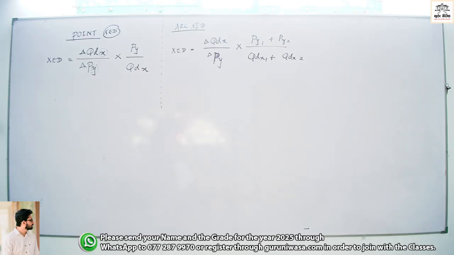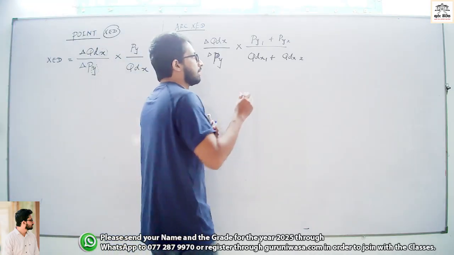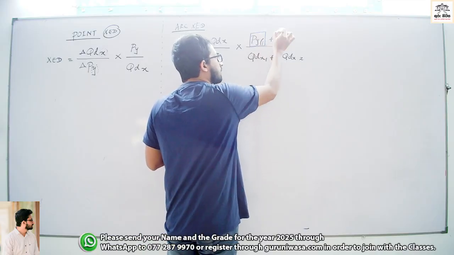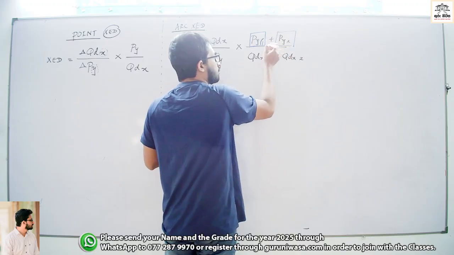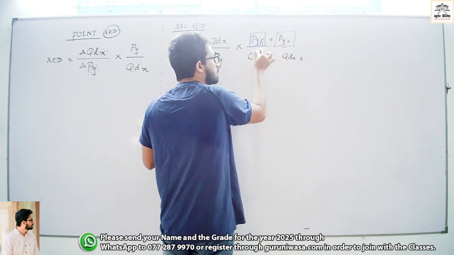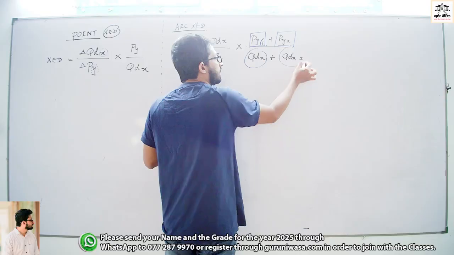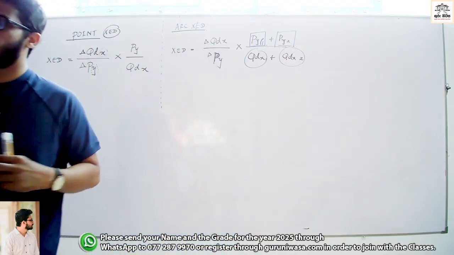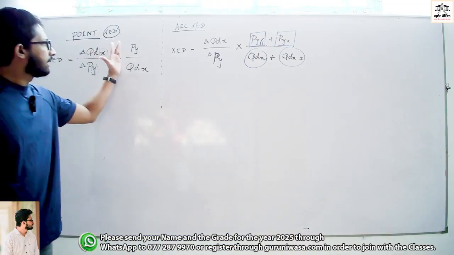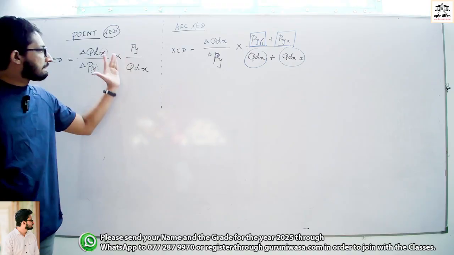When calculating arc XED, remember, we need to consider two prices, the average value of two prices, here PY1 and PY2, and also two quantities demanded. In point XED there is only one point, price and quantity demanded.